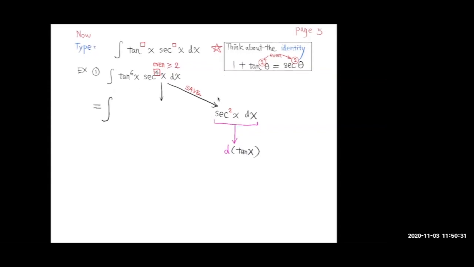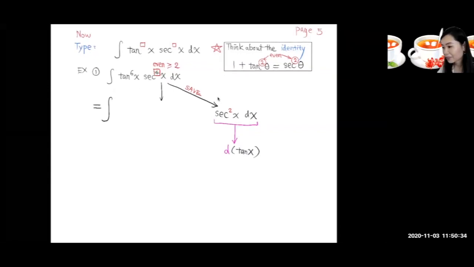Now, once you save a secant squared over here, the remaining power for the secant will be even, still even, right? So you have secant squared x over here. Now, what about this tangent? Do I need to do anything to change it into secant?